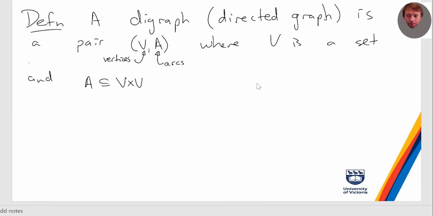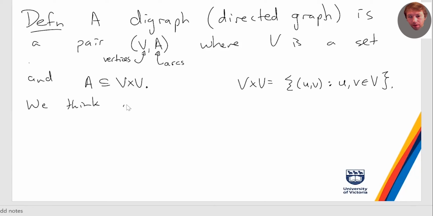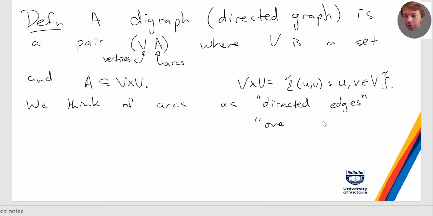V cross V is just the set of all (u, v) such that u and v are in V. It's just pairs of vertices, and we think of arcs as directed edges, kind of like a one-way street, whereas the edges of a graph are kind of two-way streets.